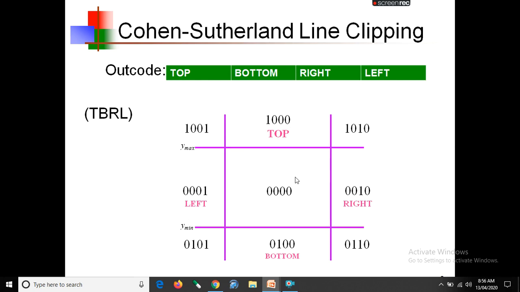If the output of the endpoint is other than 0000, that endpoint definitely lies outside the clipping window and we need to perform clipping on that endpoint. So this is step 1.